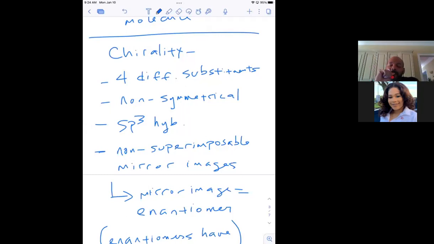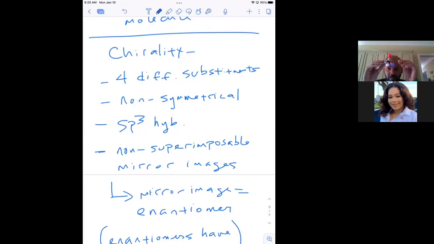Is it 3, because sp2 has 2? Okay, so sp3 is 4 groups. sp2 is 3 groups because it's trigonal. An sp3 atom, that carbon in particular, is going to be tetrahedral, so it's got 4 groups attached. So you can see there are 4 groups: this white atom, the blue atom, the purple atom, and the red atom. So those are my 4 groups.